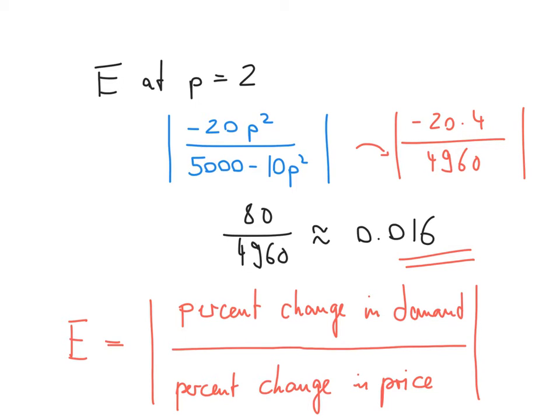That means, going back to our original definition of elasticity, that a relatively small change in price will not result in a big change in demand, because here we have a number that is much smaller than 1. In this case, we say that demand is inelastic.